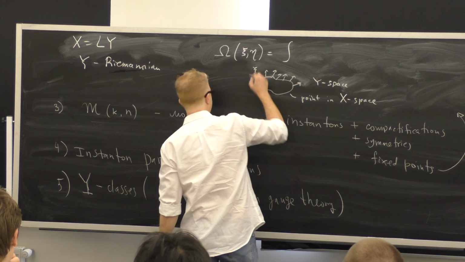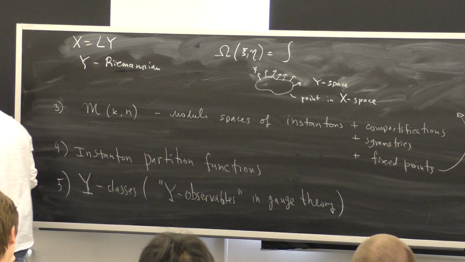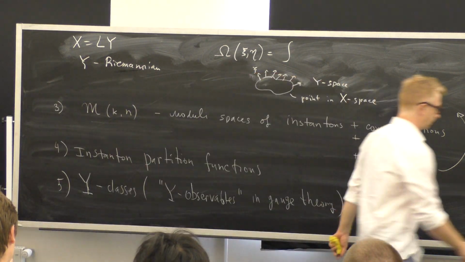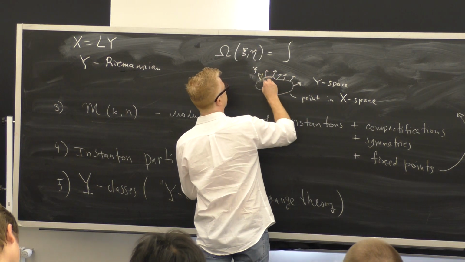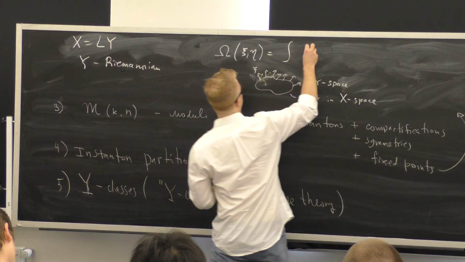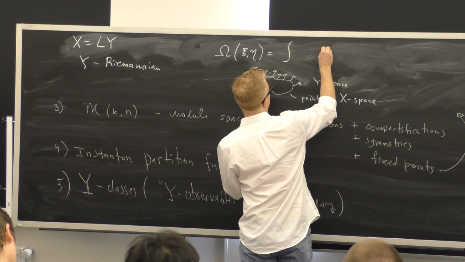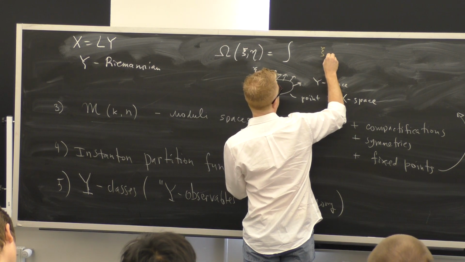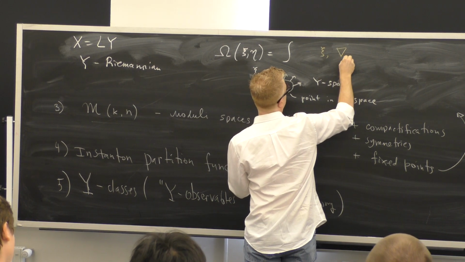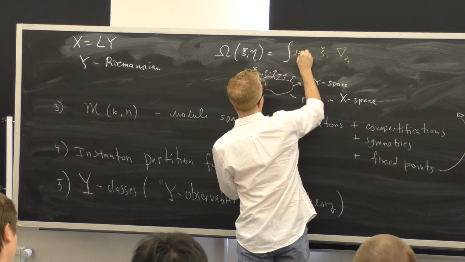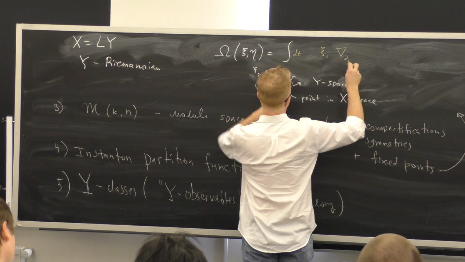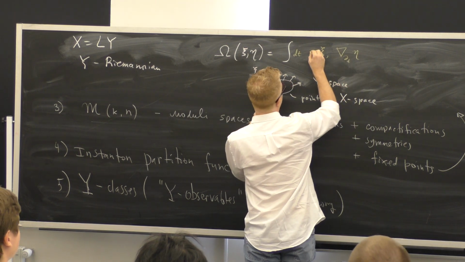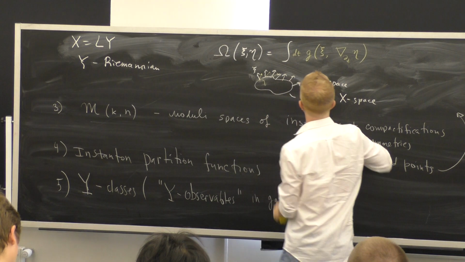So this is Xi, and this is eta. What you do is take the vector field Xi and take a covariant derivative along the loop. So there is a tangent vector along the loop, and the metric allows me to do covariant differentiation and take a scalar product.